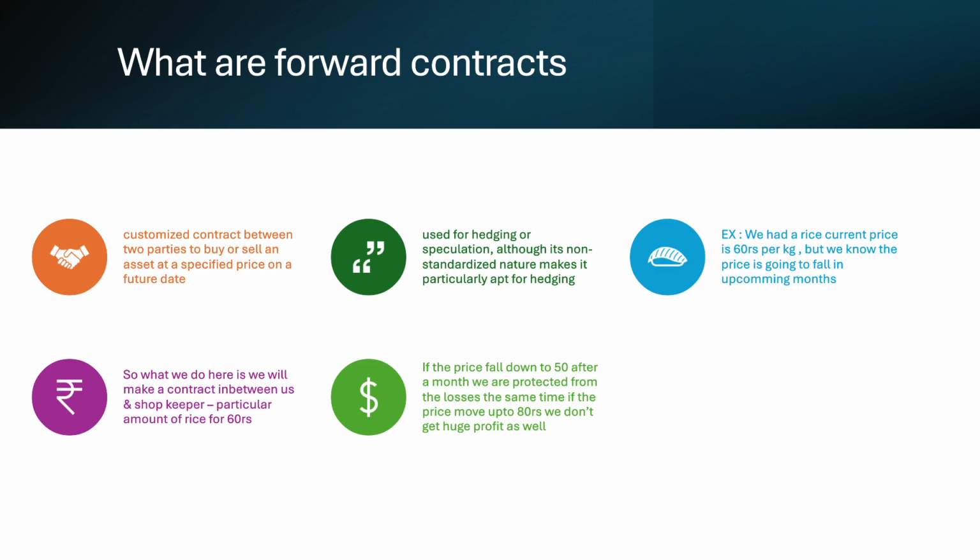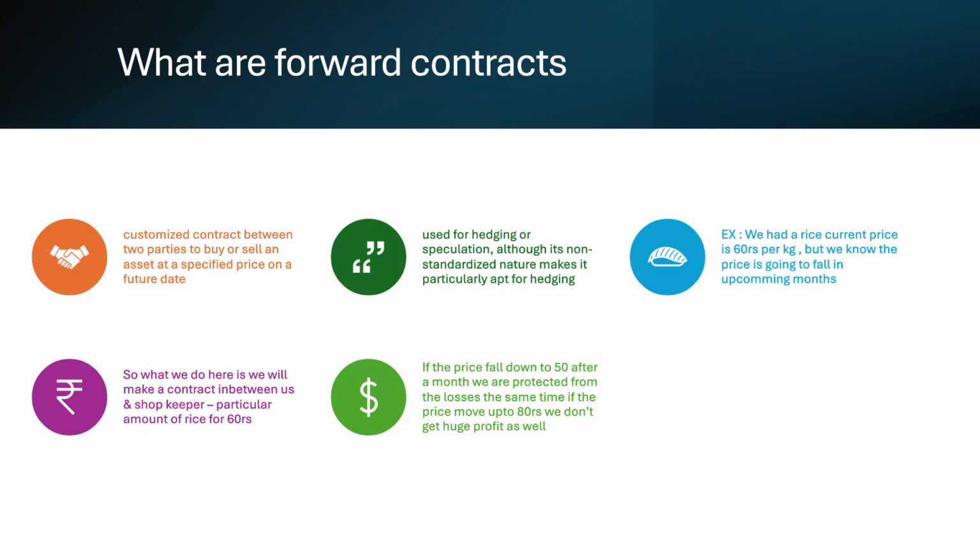But we know the price is going to fall in the upcoming months. Maybe the demand gets less, it's just an example, or the productivity becomes more compared to the demand, so the price will go down.